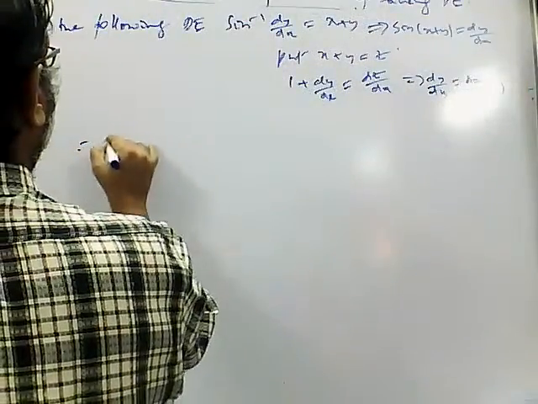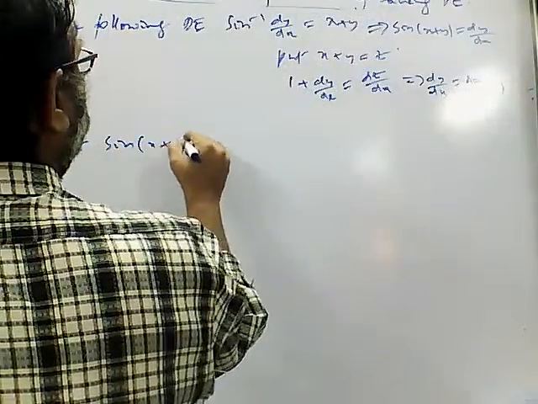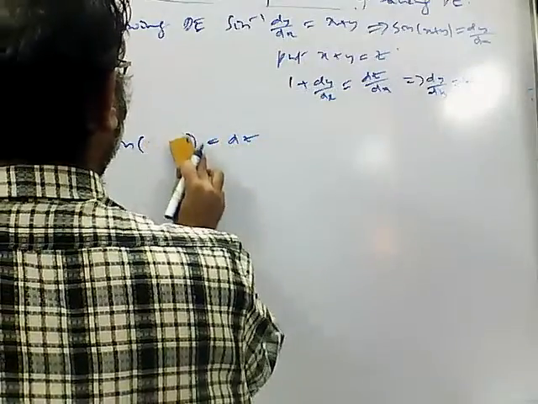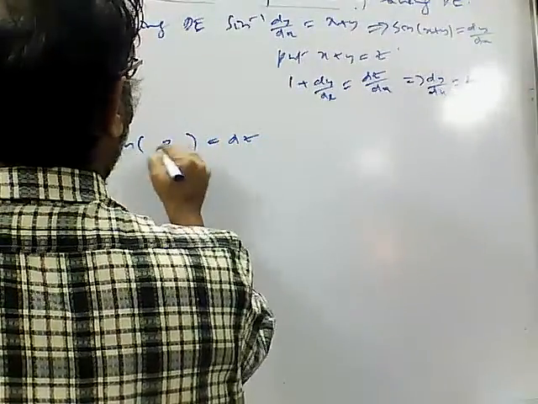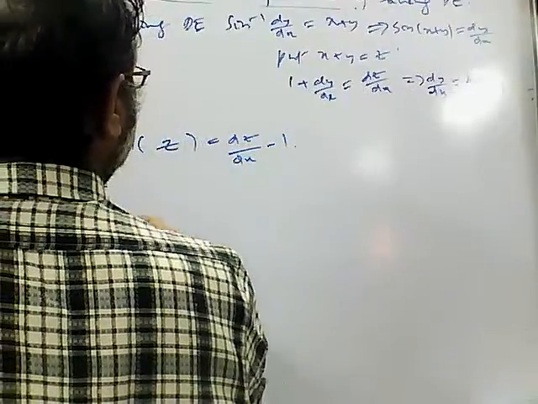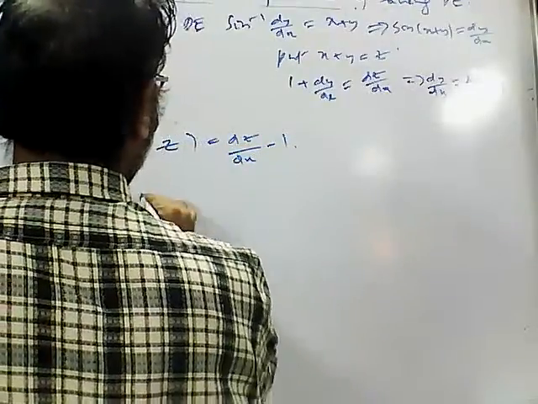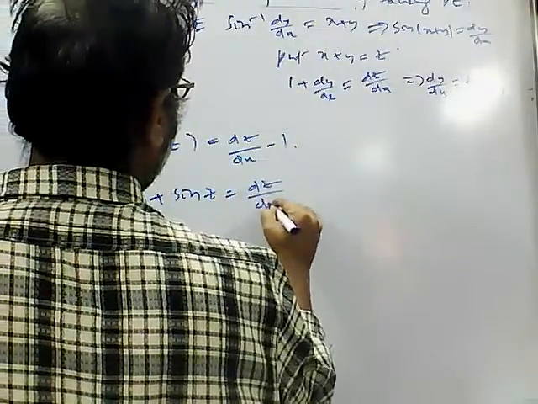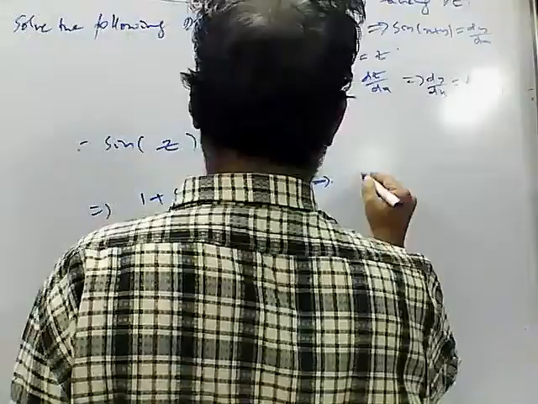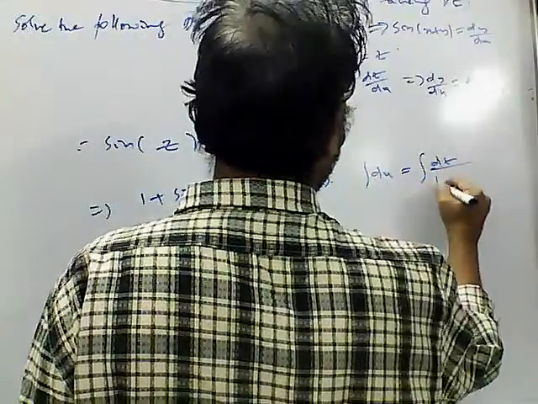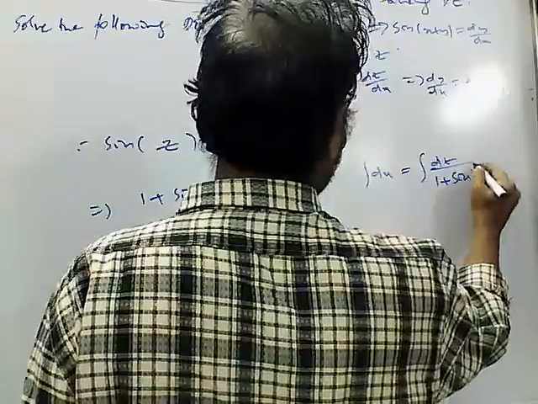That implies sin z = dz/dx - 1. That implies 1 + sin z = dz/dx. That implies integral dx = integral dz/(1 + sin z). Right?